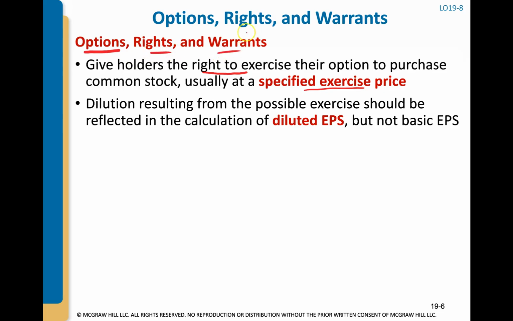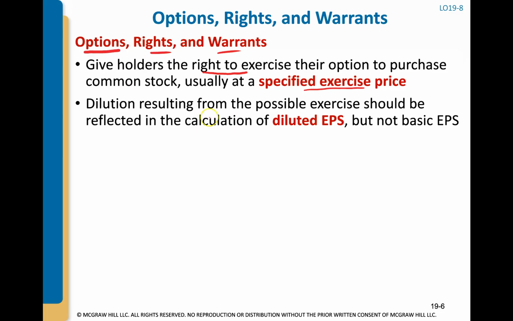And then rights and warrants, we're not going to go through what those are, but just know that they are different types of rights that are given, and if they're issued to a corporation, the holder has the right to exercise those options, rights or warrants where they could potentially buy more common stock in the future, right?